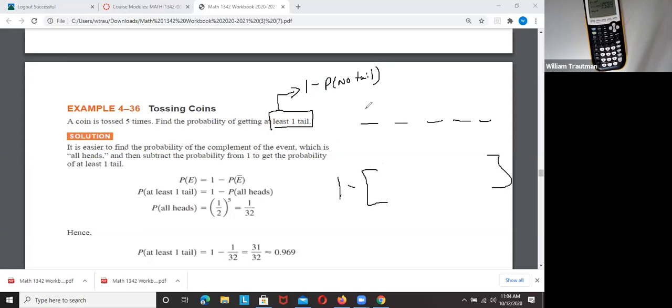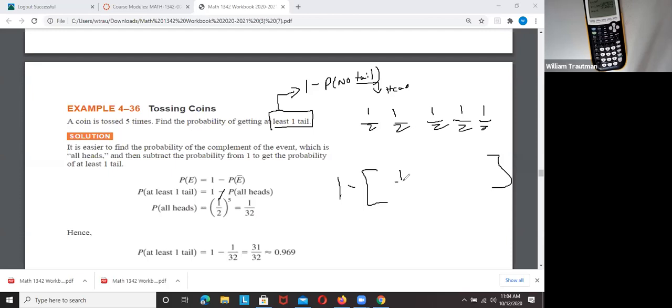So what's the probability? Well, the probability of getting a tail is 1/2. The probability of getting no tail, the opposite of no tail is heads. There's only 2 choices, is 1/2. 1/2, 1/2, 1/2, 1/2. You see, no tail is the same thing as heads.